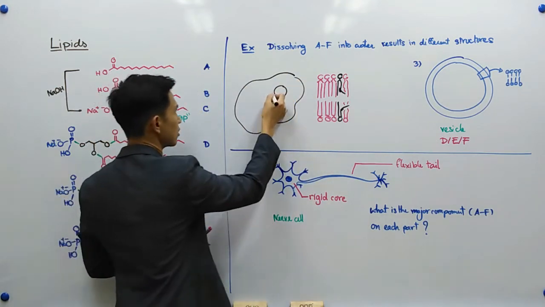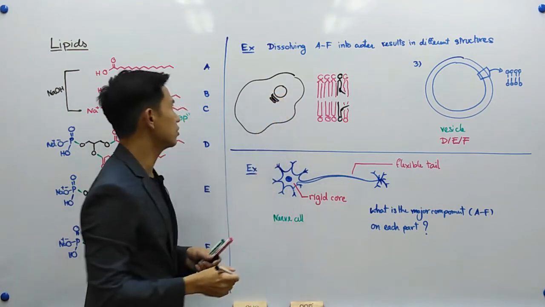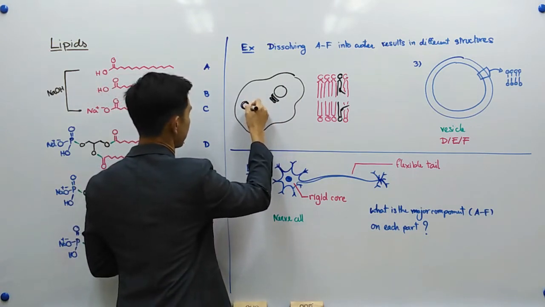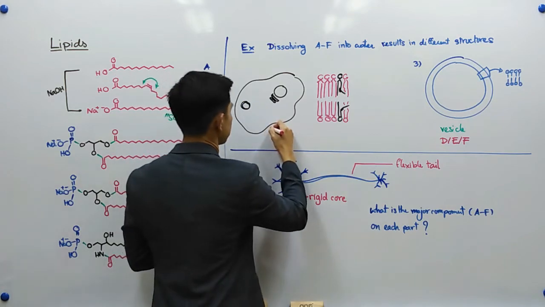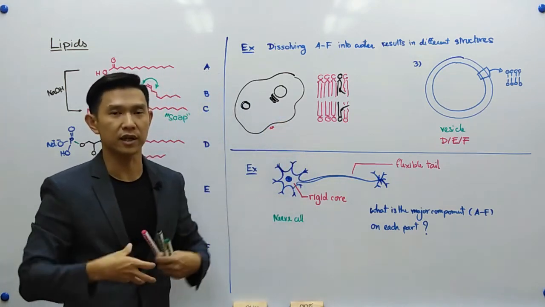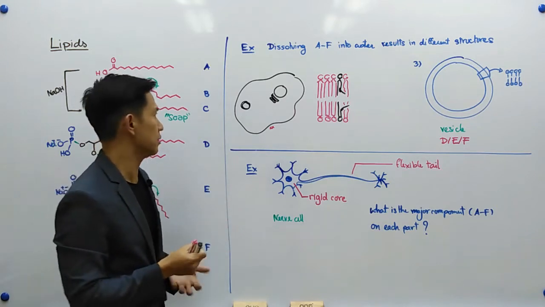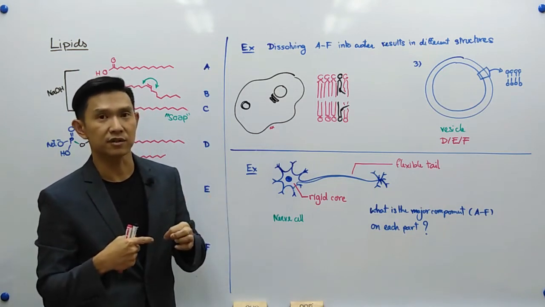You have the Golgi apparatus, the Golgi body, and you also have vesicles around, right? When the cell wants to take something into the cell, one of the ways it can do this is endocytosis.